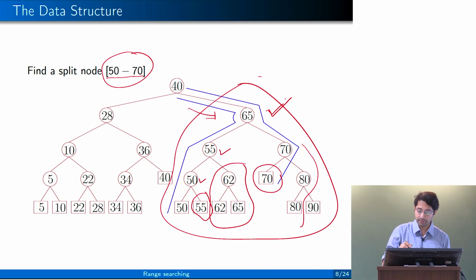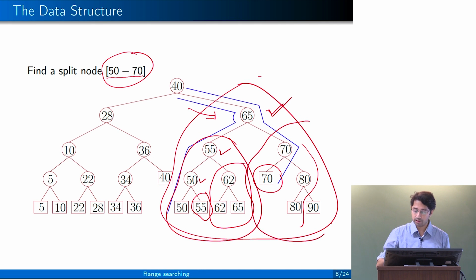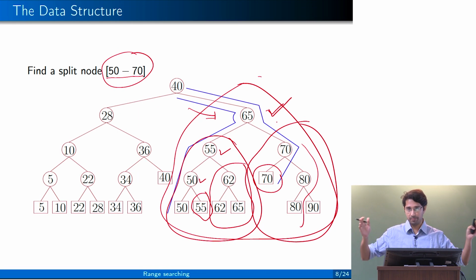Because I know that this is 65, that means the left subtree contains values which are less than 65 and the right subtree contains values which are greater than 65, and my range expands in both directions. So I have to search both subtrees rooted at 65. That is why 65 becomes a split node.